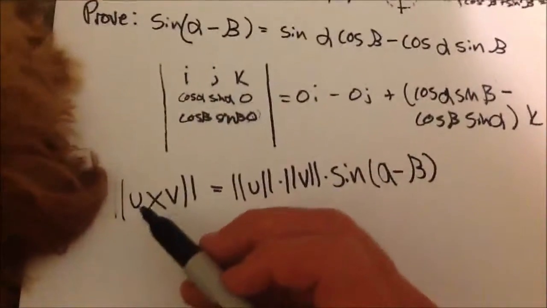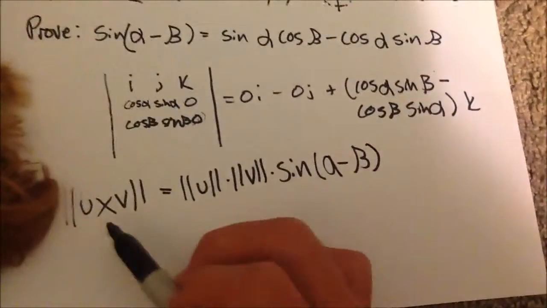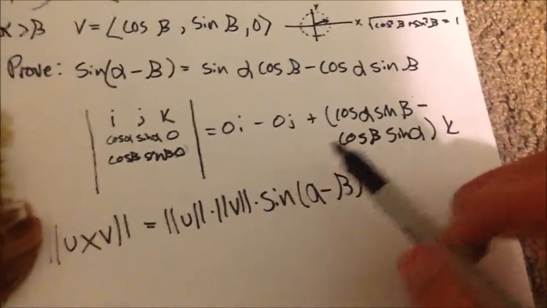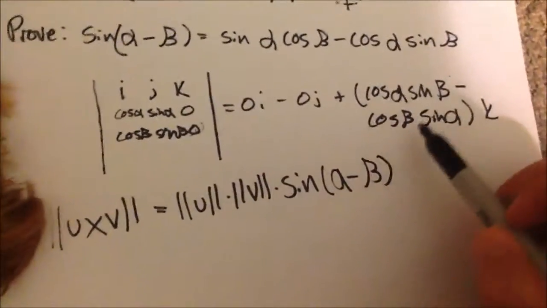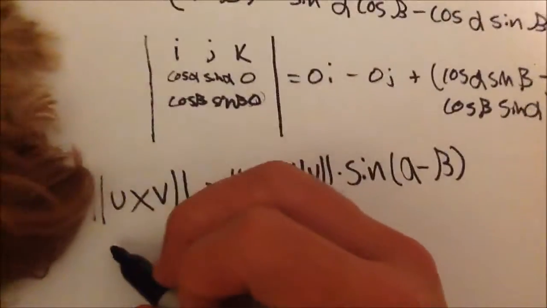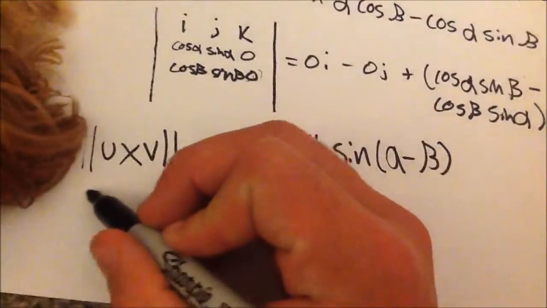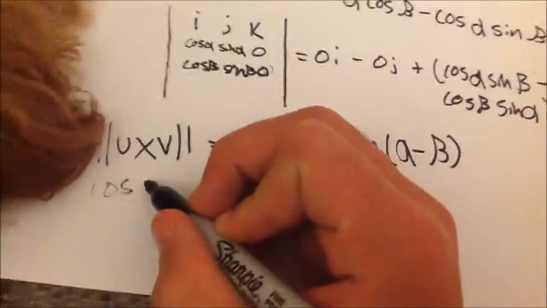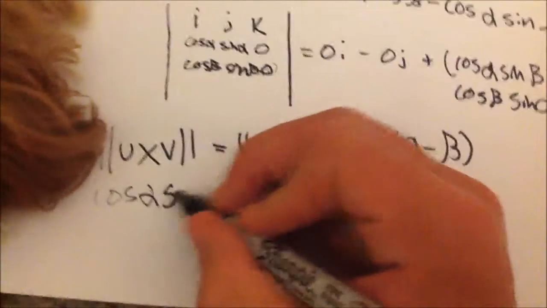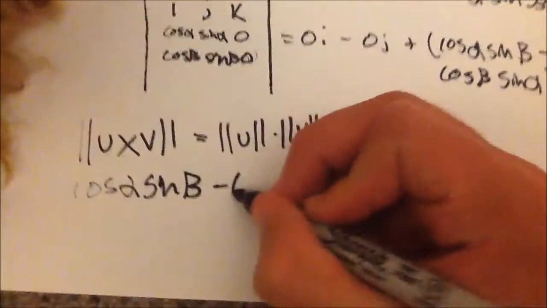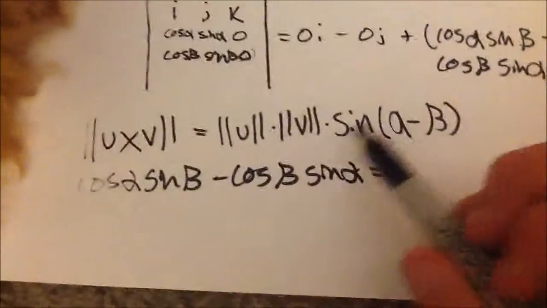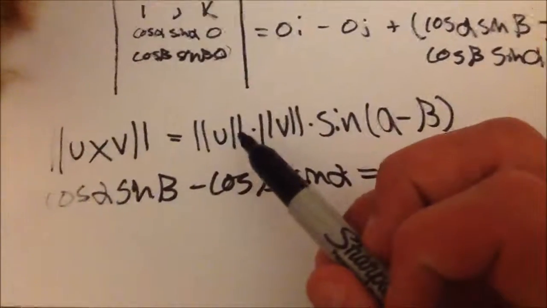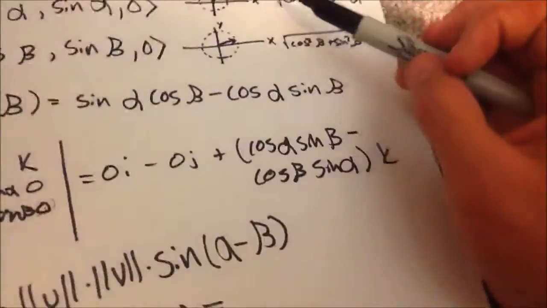We've already taken the cross product right here, and to take the magnitude of that, because it's a vector where the x and the y components are both 0, the magnitude is just the z component. So it's very simple. You're just going to take cosine A sine B minus cosine B sine A, and set that equal to this up here. Now, the magnitude of U we figured out up here already.